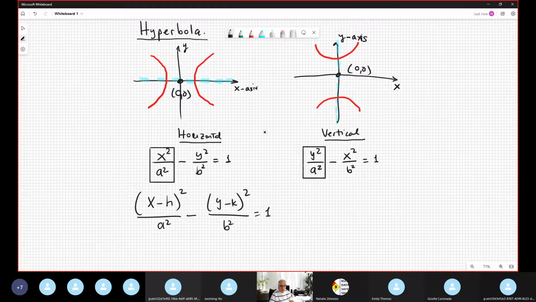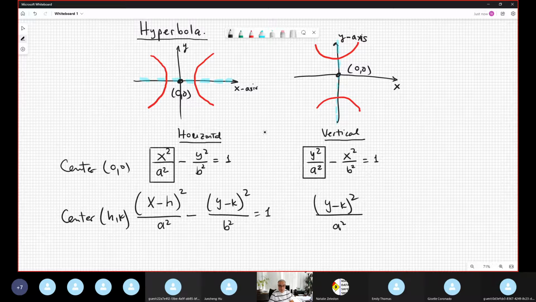You see the idea? Before, the center was 0, 0. Now the center is h, k. Likewise, in the vertical hyperbola, we have y minus k squared over a squared minus x minus h squared over b squared equal 1.